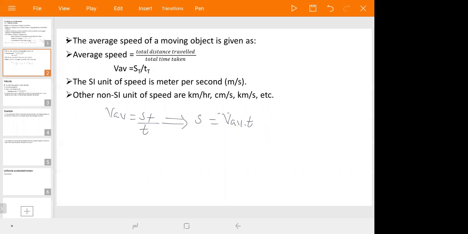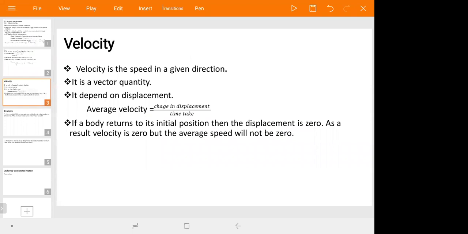The other point we are going to see under this subtopic is velocity. Velocity is the speed in a given direction. This means, as you have seen, speed is a scalar physical quantity.